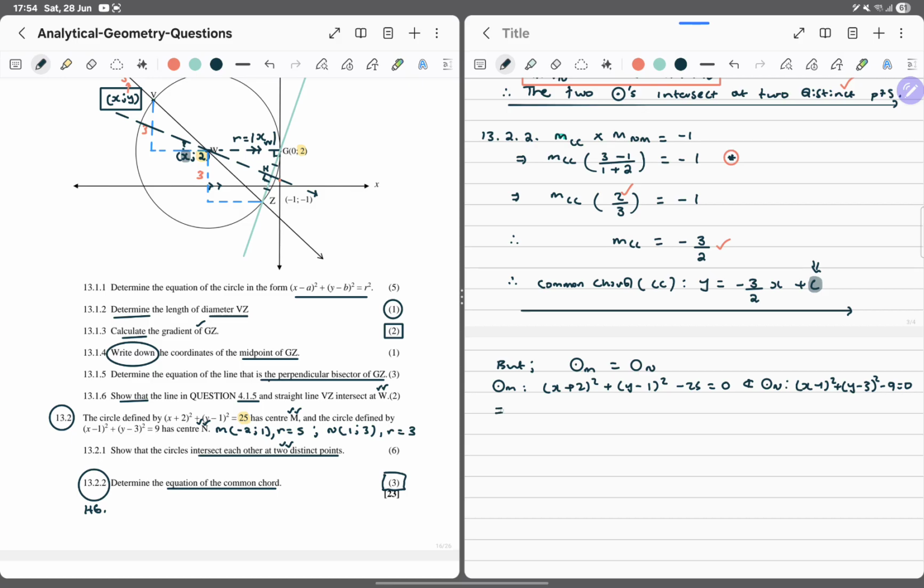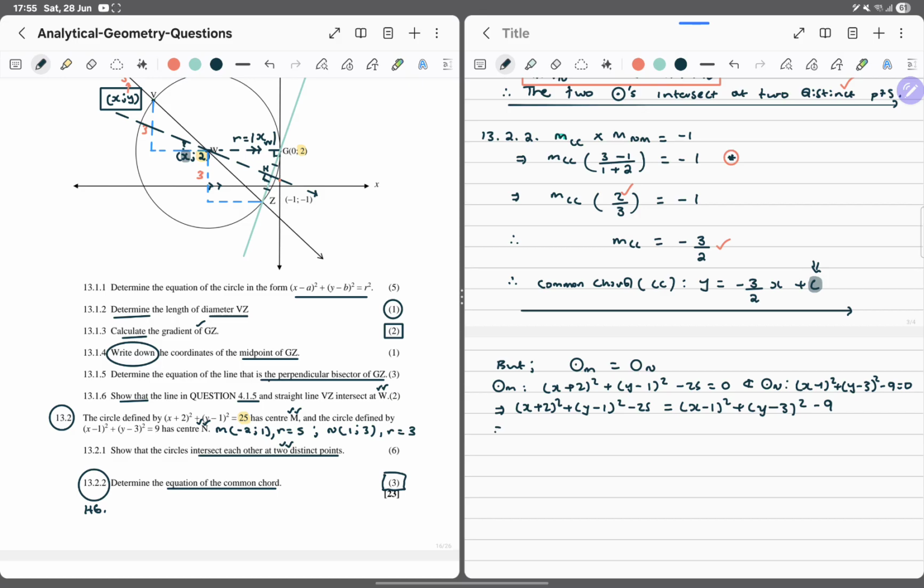So this implies that whatever this is basically equal to whatever the other one is. Right, so this is what this means.